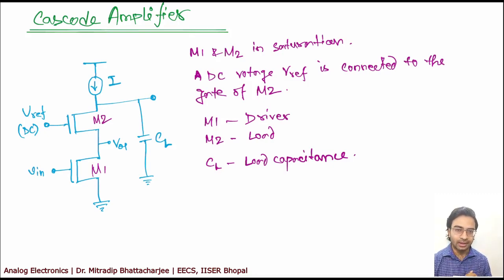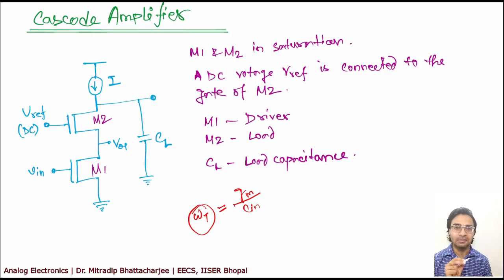So just to give you an idea at the initial stage, we have a bandwidth called omega T, which is gm by Cin, right? We already have shown this bandwidth concept previously, and in that slide I said that there is a term called gain bandwidth product.